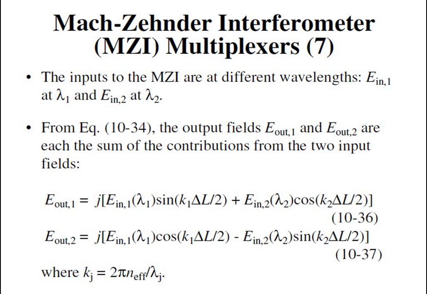That is, at input 1 the wavelength is lambda 1, at input 2 the wavelength is lambda 2. So then from equation 10.34, the output fields, that is E out 1 and E out 2, will be the sum of the individual contributions from the 2 input fields.